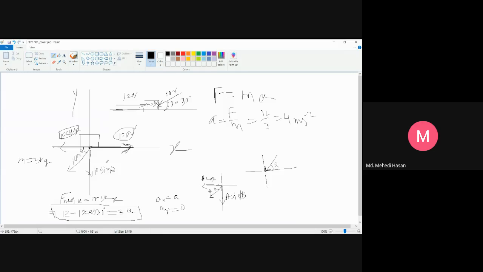And another thing is that here a new force is involved in that case, which is called the reaction force, or normal force.